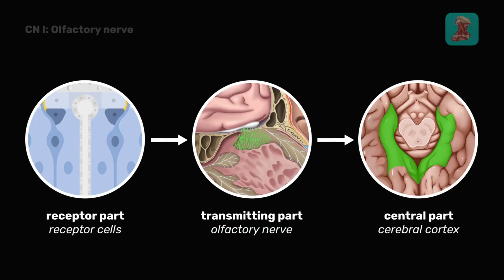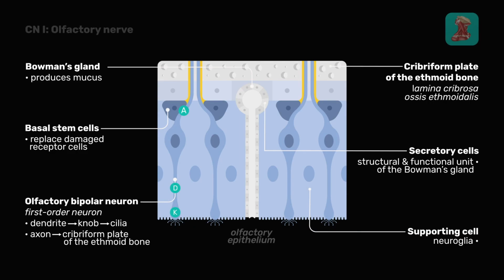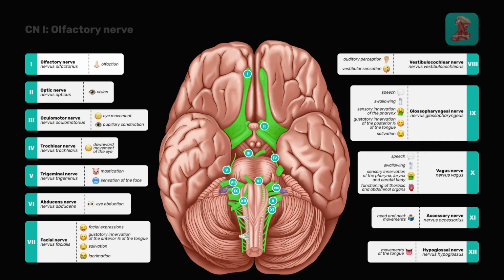Alright, here's a quick summary. The olfactory system consists of three parts: peripheral, or receptors, transmitting structures, and central or cortical structures. The peripheral part is located in the mucous membrane of the nasal cavity, called olfactory epithelium. The olfactory nerve is the first cranial nerve, and it is a transmitting or conductive part of the olfactory system.